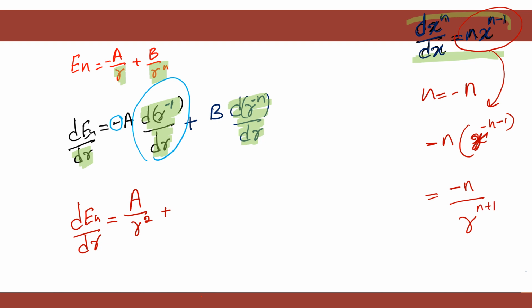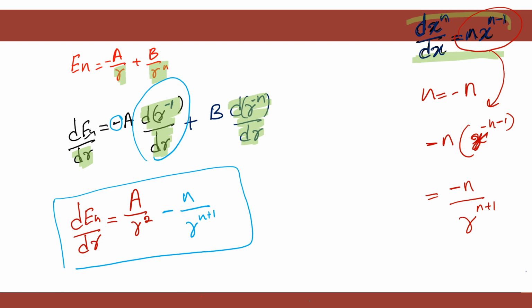Is that right? So this will be negative n over r^(n+1). Is that right? Sorry, B also should be there. So B should be there as well.